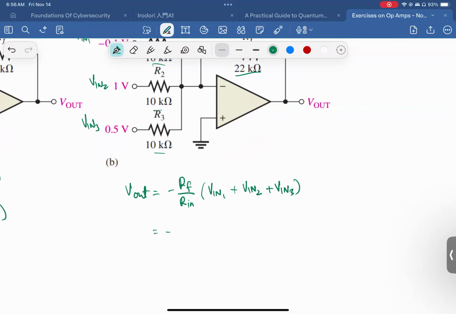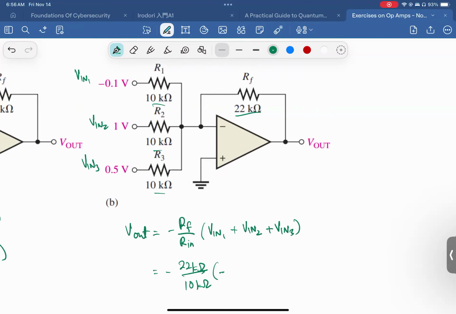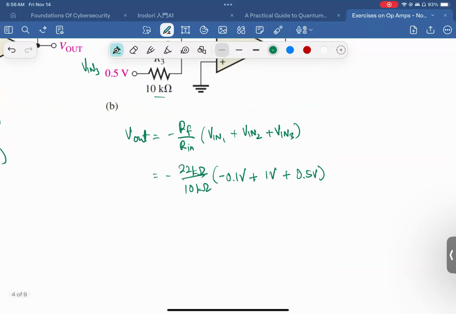So this is equal to negative 22 kilo ohms divided by 10 kilo ohms times yung V in 1 is negative 0.1 volt, V in 2 is 1 volt plus V in 3 na 0.5 volts. So yung V out ngayon ay equal sa negative 3.08 volts.